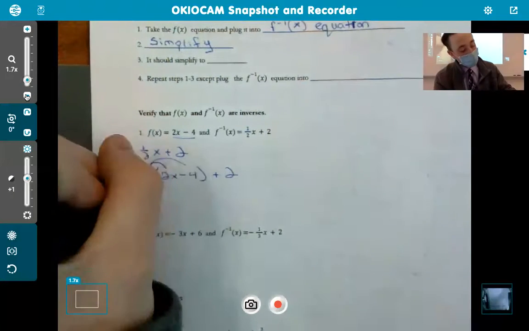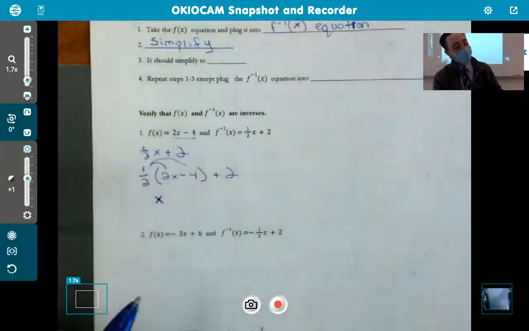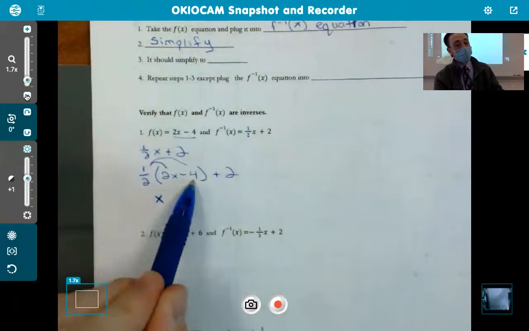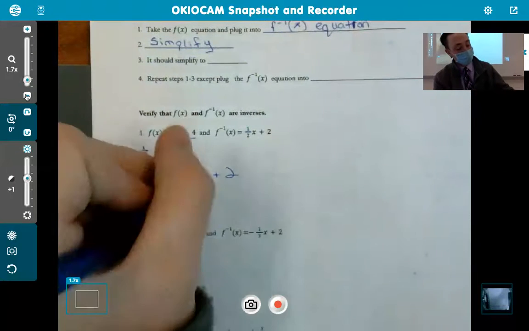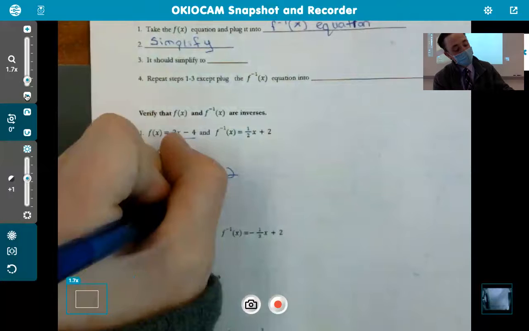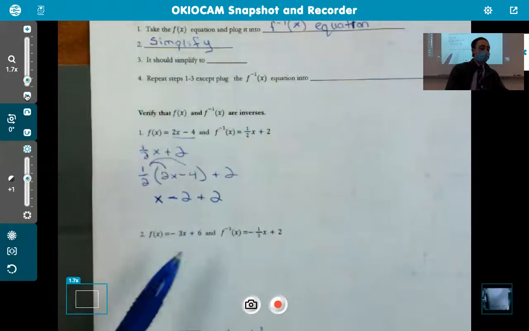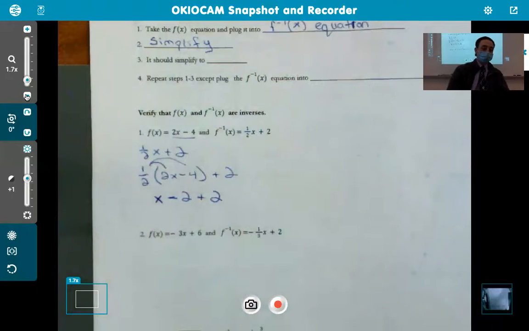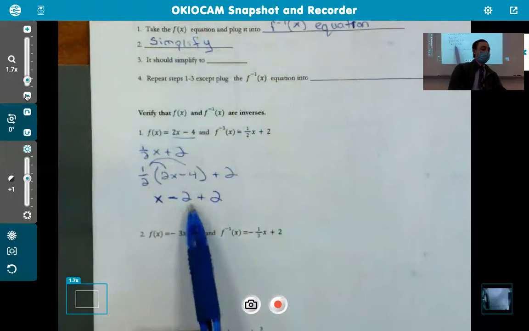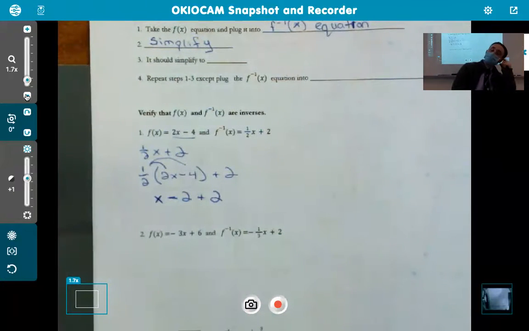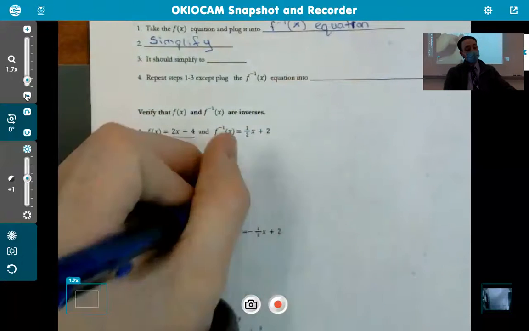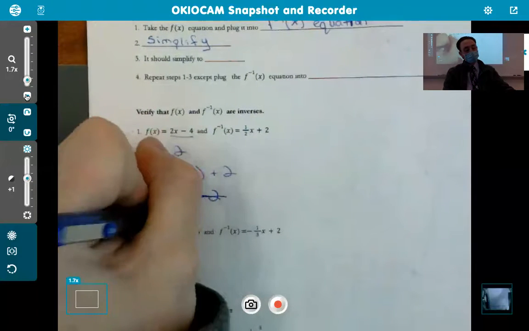So I'm going to be left with x. 1/2 times -4, or -4 divided by 2, is going to give me -2. And I have this 2 hanging out on the outside. Well, what's going to happen with the -2 and the +2? They're going to cancel, right? And I'm left with x.